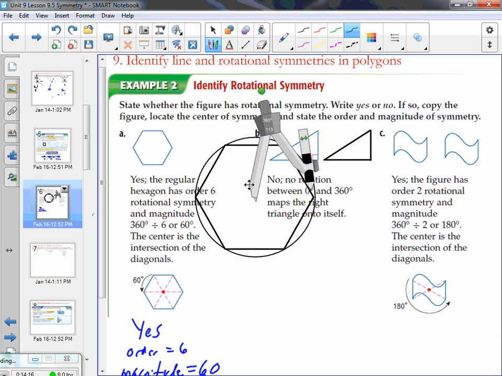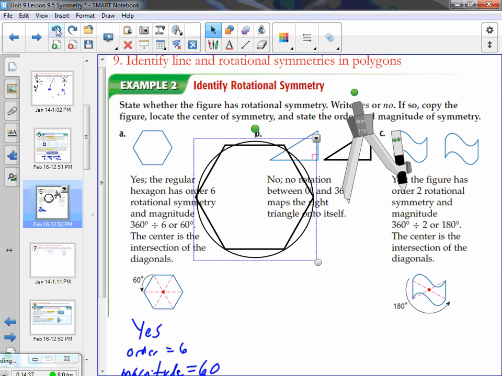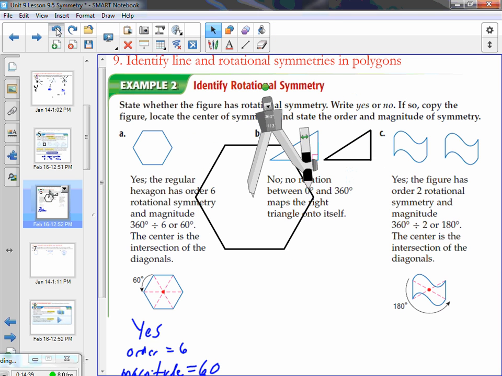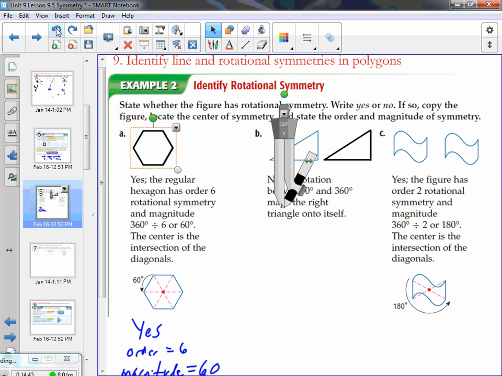So the center of this circle is also the center of the polygon. All right? So that's another clue to help you out whether or not you're going to have some rotational symmetries. Can you visualize being able to do that? Okay, let's get rid of that. All right, back where we started.